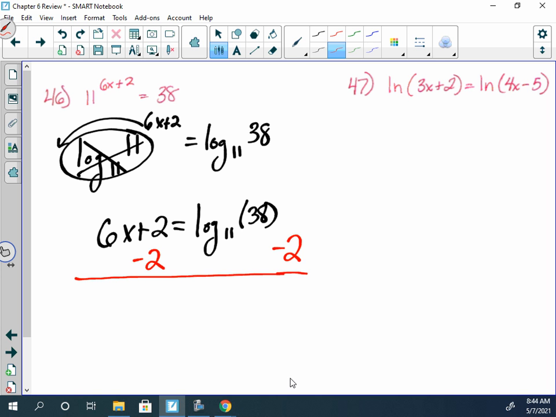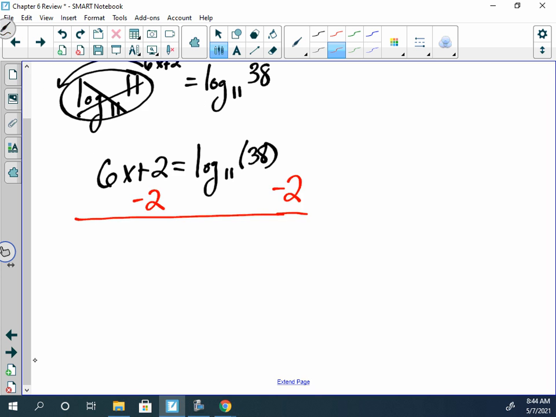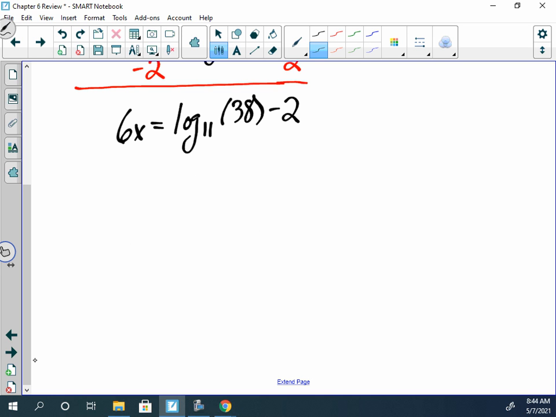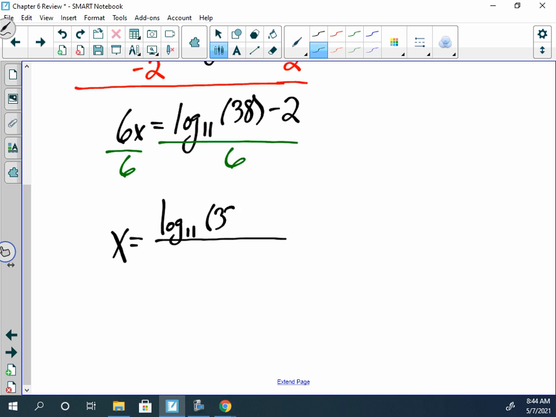Subtract 2 from both sides. That tells us that 6x is equal to log base 11 of 38 minus 2. Divide both sides by 6. And x is equal to log base 11 of 38 minus 2, divided by 6.